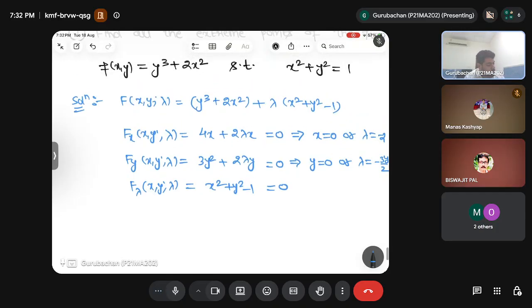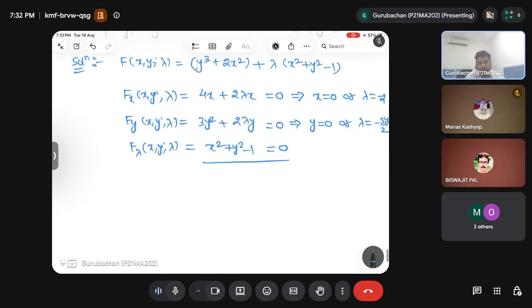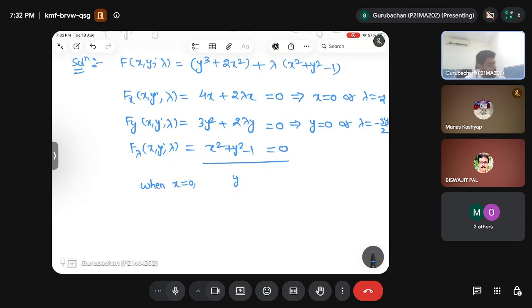Now you know this equation, and you need to substitute these things. When x is 0, then y can be plus minus 1. When y is 0, similarly x is plus minus 1.